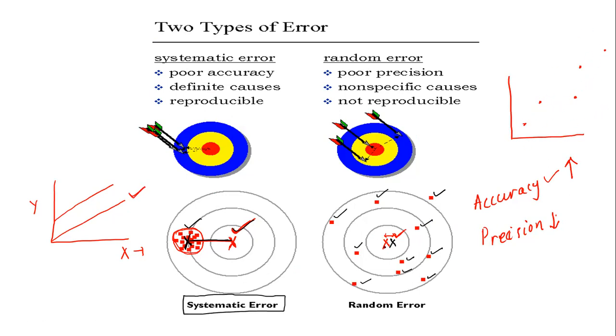When you take the average of all these readings, they give you a value very close to the accurate value. Then you say the data is accurate but not precise. Here you can see the precision is more, but the accuracy level is less.